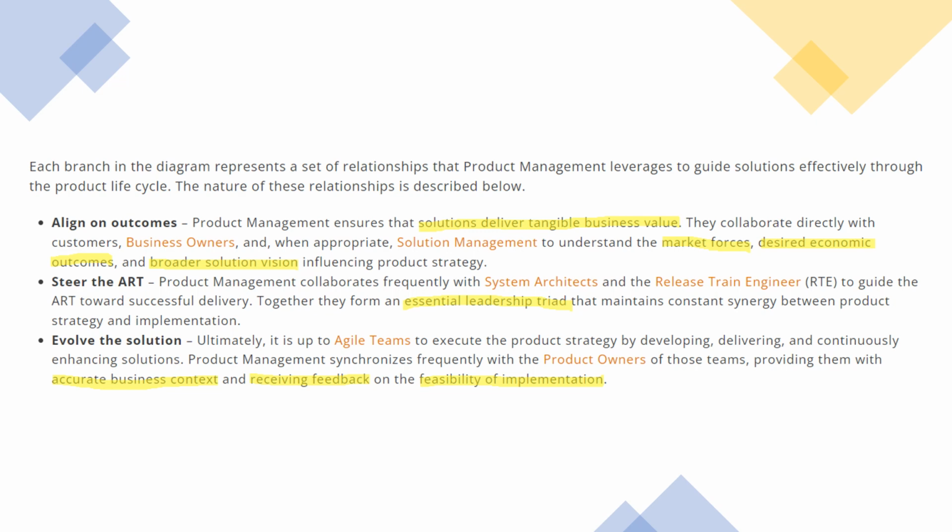The second branch is steering the ART. Product management collaborates frequently with system architects and release train engineers to guide the ART toward successful delivery. Together, they form an essential leadership triad that maintains constant synergy between the product strategy and implementation. Why should a product manager be part of the leadership triad of the ART? Because whatever product strategy you design needs to be implemented.